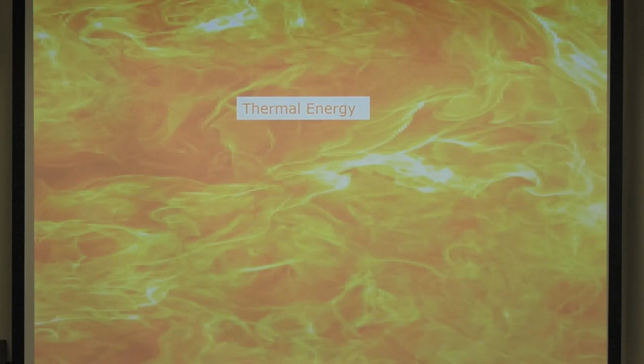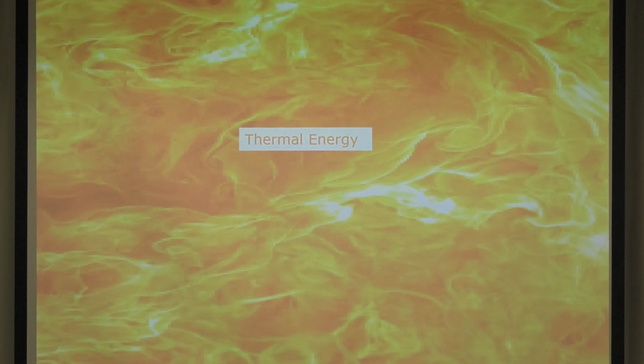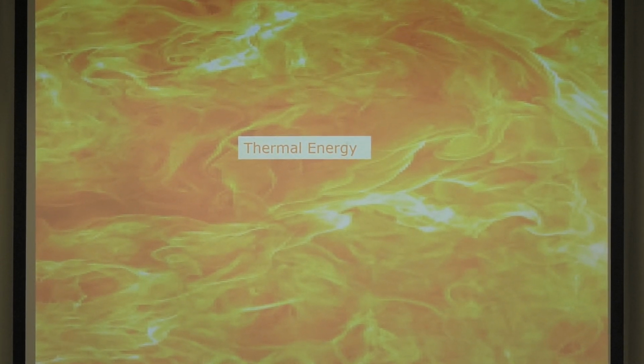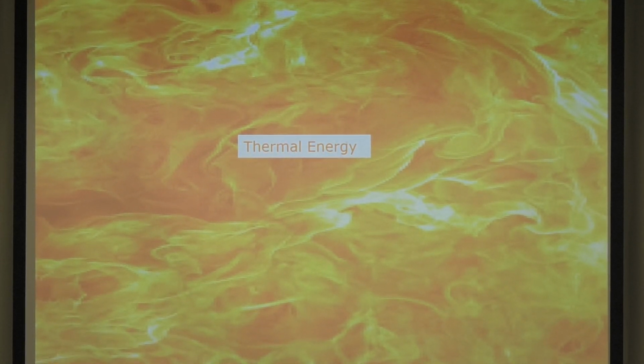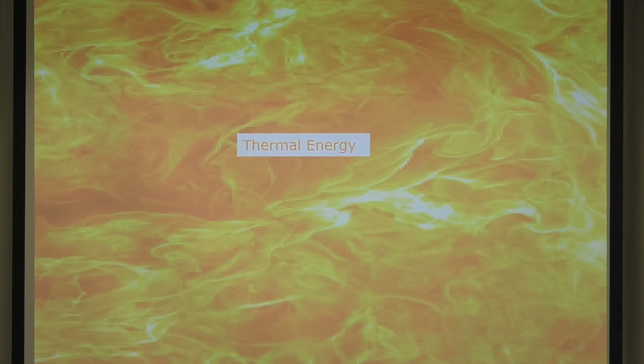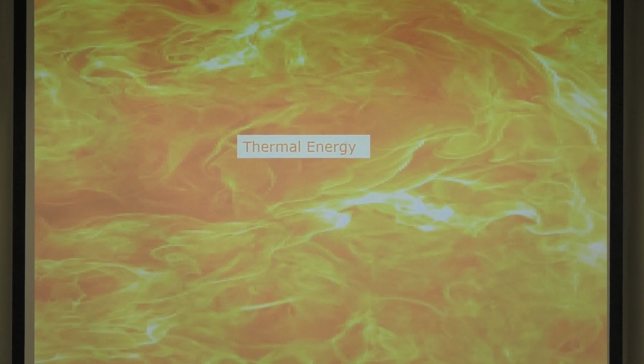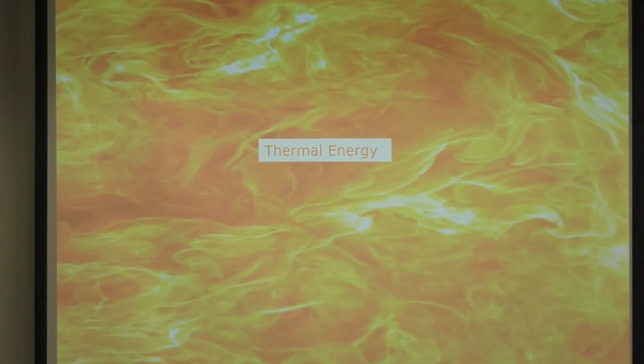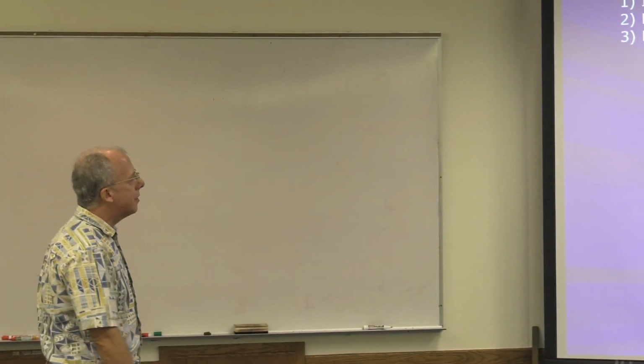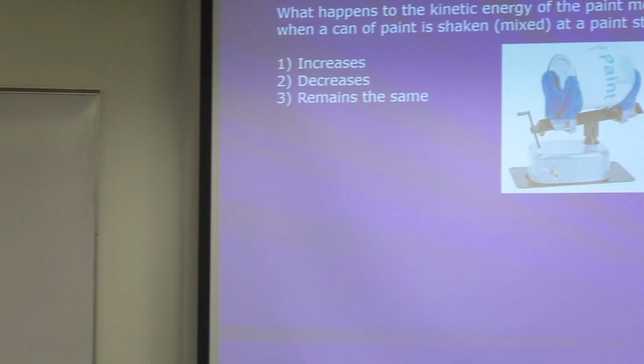Okay, now we're going to shift our gears again. We're going to talk about heat, thermal energy. So that's supposed to be the surface of the sun or something like that. All right, let's say you're in Ace Hardware.